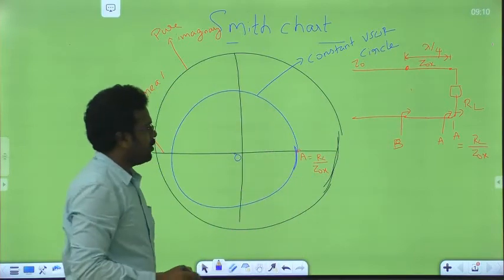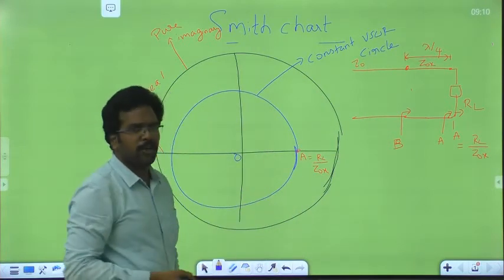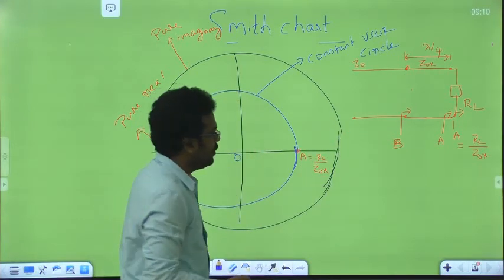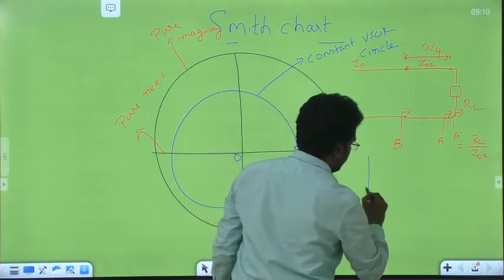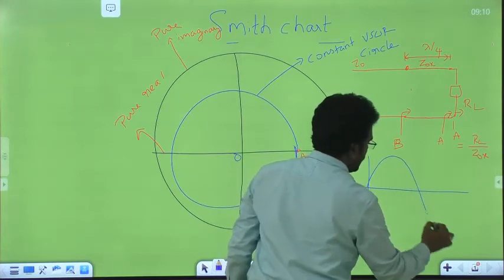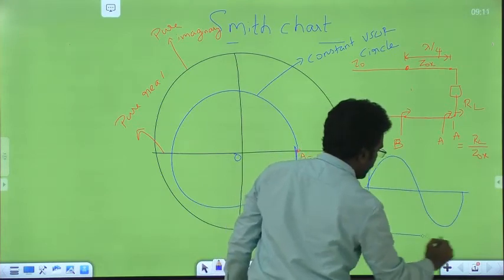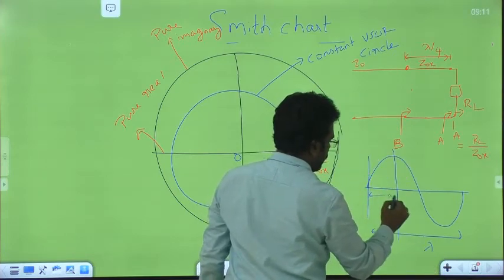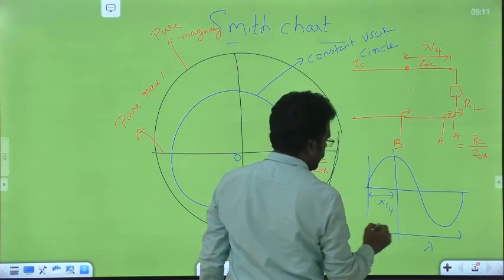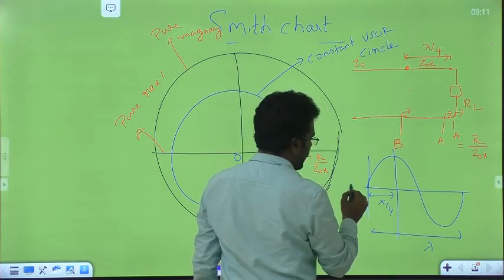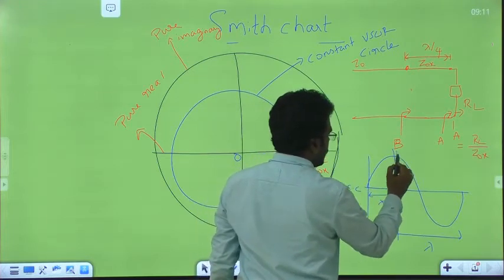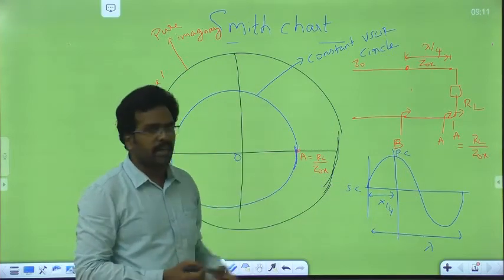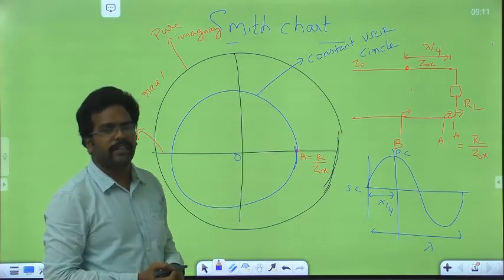Okay. So from this point, how much distance do we have to travel? We should travel a distance of lambda by 4. Okay. Already we have seen, right? This is the one complete cycle, that means 1 lambda. So this is going to give lambda by 4. So this we have taken as a short circuit point and this is an open circuit point. That means if you travel a distance of lambda by 4, it is going to give the inverse point.